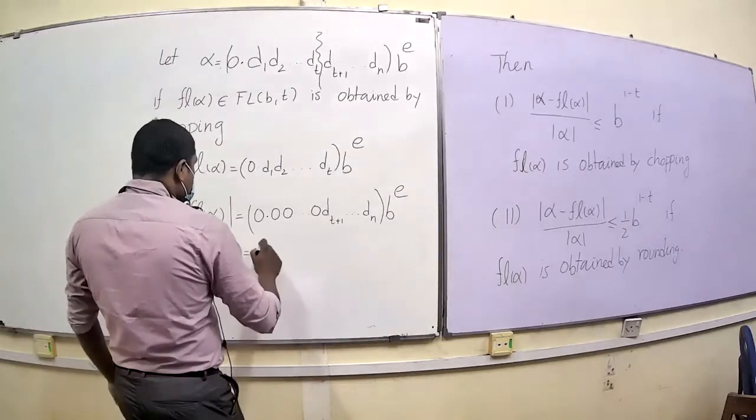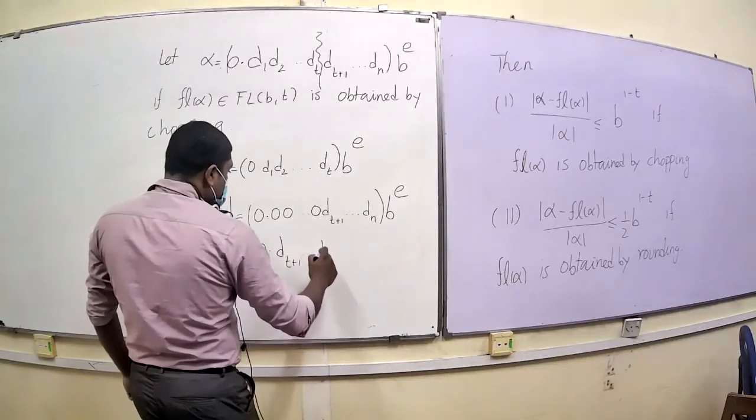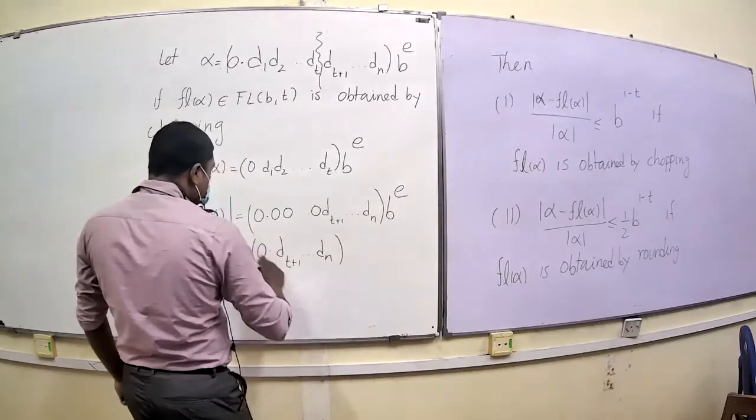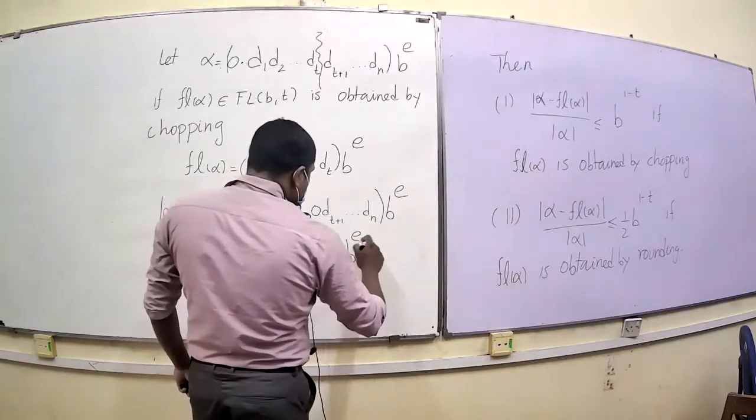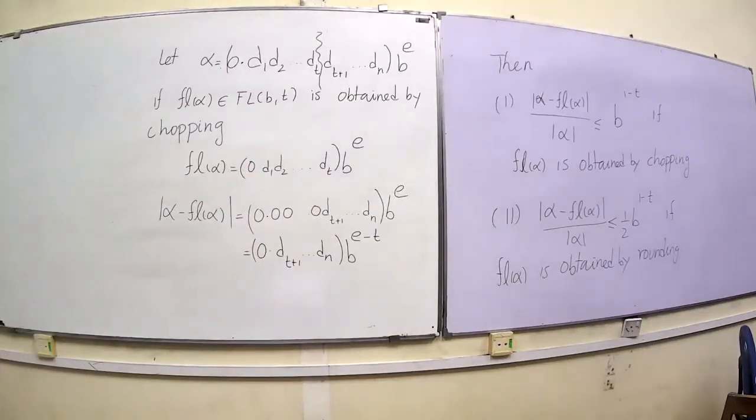You can write it as follows. If you move the decimal point t places back, you will get 0.d(t+1) d(t+2) up to dn times b to the power e, and then there is a b to the power minus t there. So if you combine all of them, you get this.